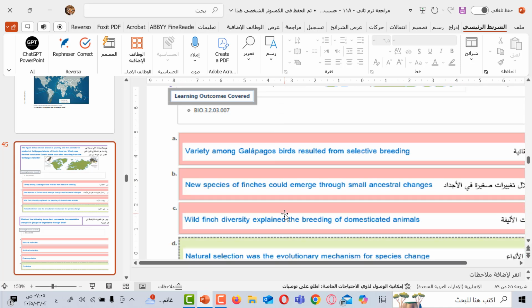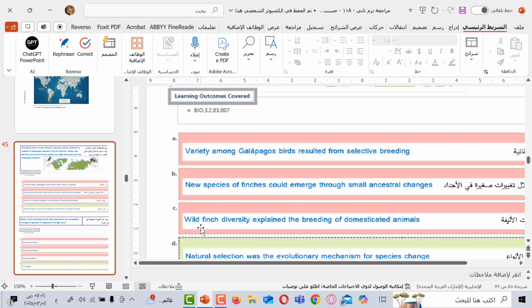If we see here: did the variation among Galapagos birds result from selective breeding? No. Could new species of finches emerge through small ancestral change?